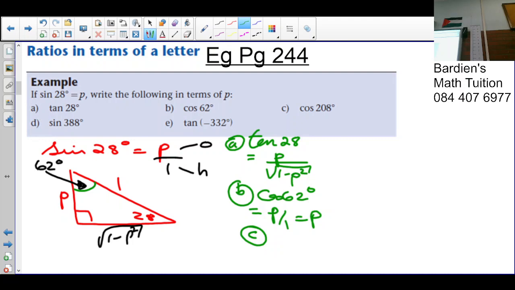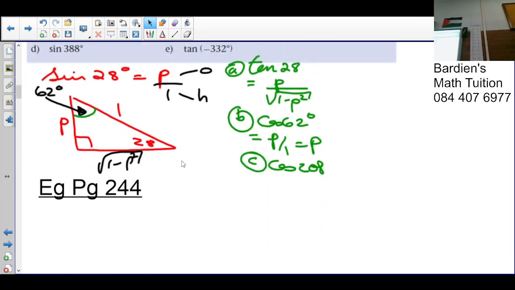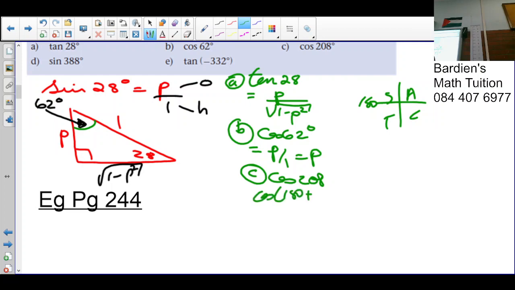Let's look at C. C is cos of 208. Which quadrant is 208 in? Third quadrant. How do you get into the third quadrant? 180 plus what? 28. Is cos positive or negative in the third quadrant?